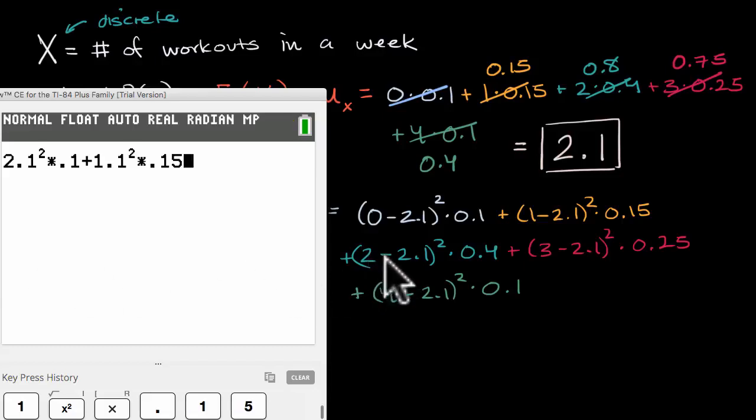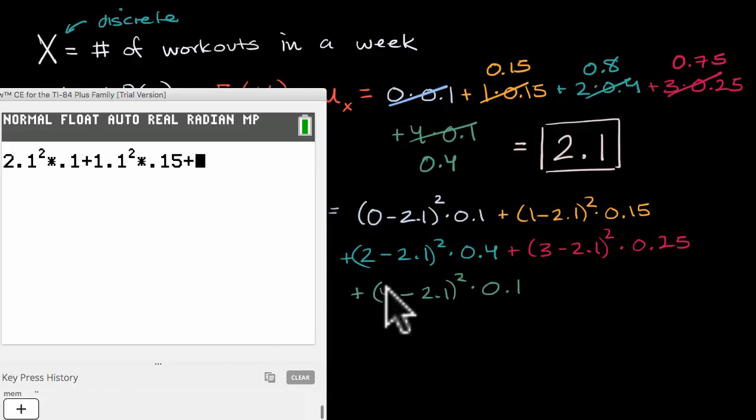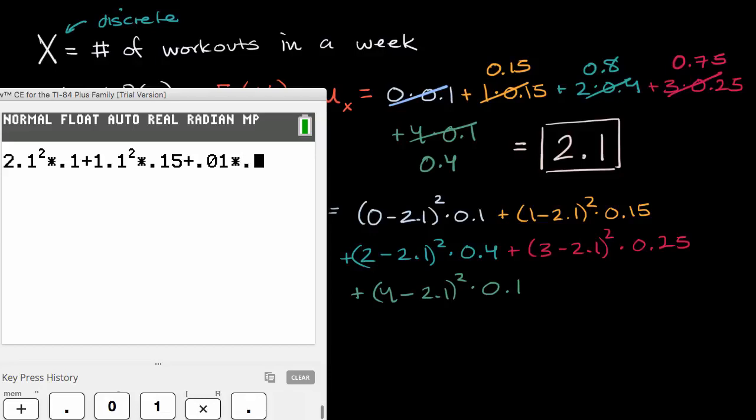And then this is going to be 2 minus 2.1 is negative 0.1. When you square it, plus 0.01. If you have negative 0.1 times negative 0.1, that's 0.01 times 0.4.